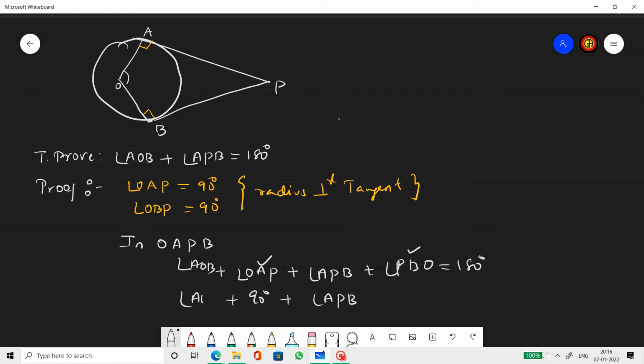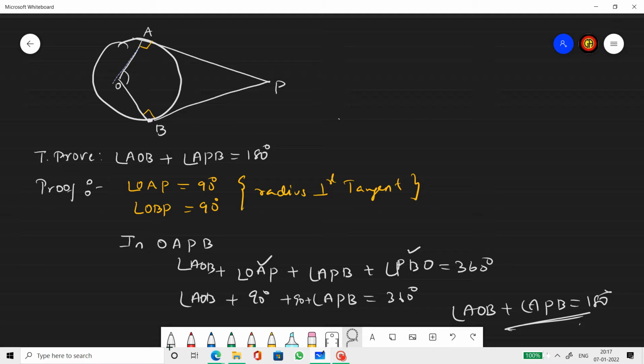So angle AOB plus angle APB equals 360 degrees minus 180 degrees. Therefore, angle AOB plus angle APB equals 180 degrees.